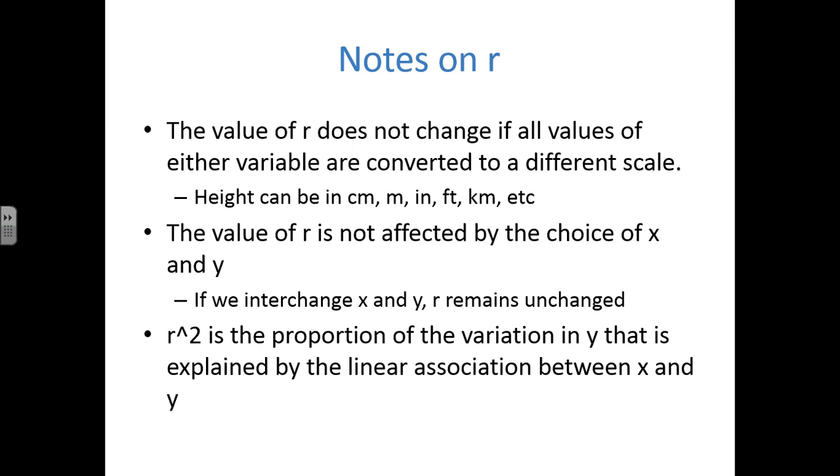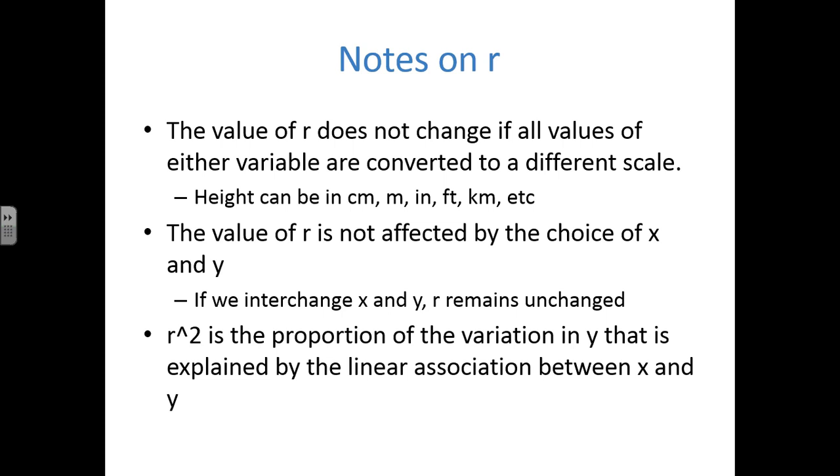R squared is the proportion of the variation in y that is explained by the linear association between x and y. Here's an example to explain how r squared can be analyzed. Suppose we have as our independent variable x the amount of beer that is drunk, and y is the blood alcohol level.